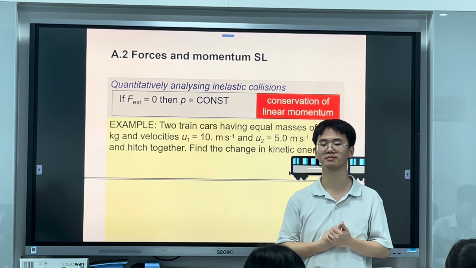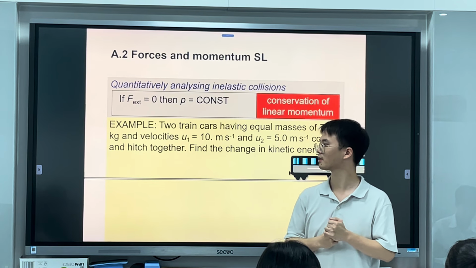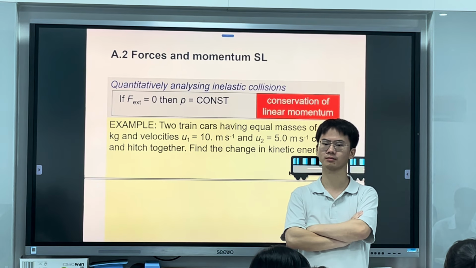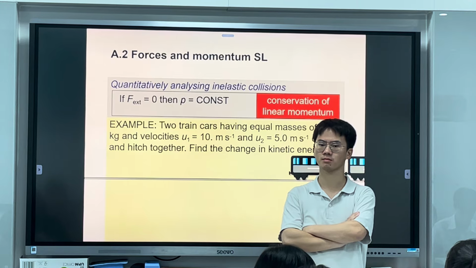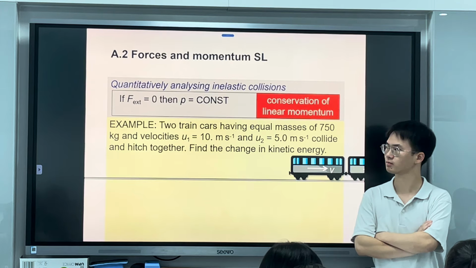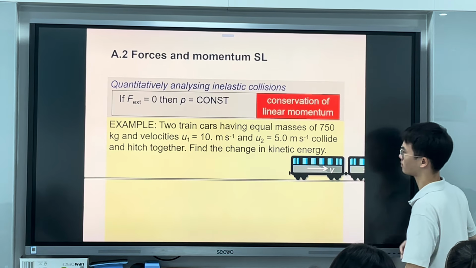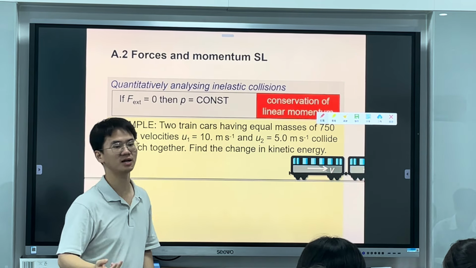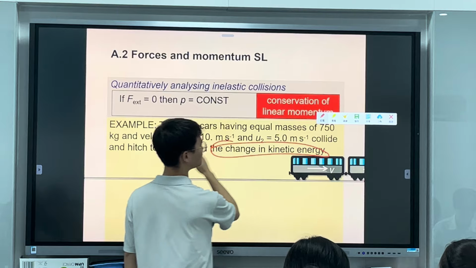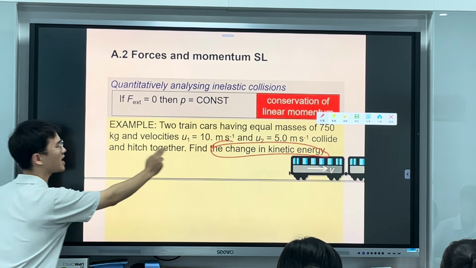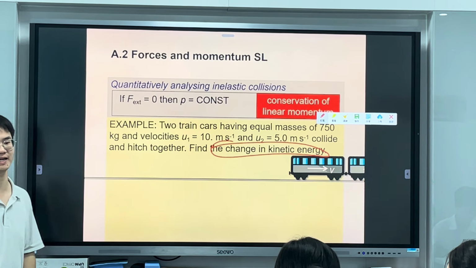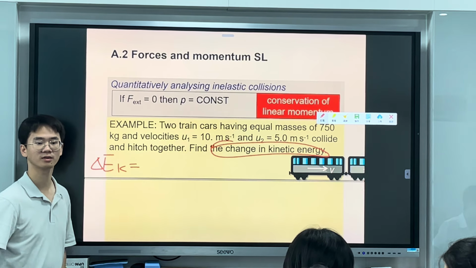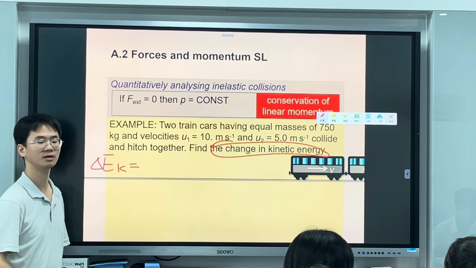Alice, how would you solve it? Let's work it backwards. We're finding the change in kinetic energy. Change in kinetic energy equals what?